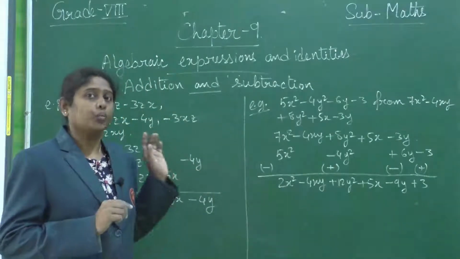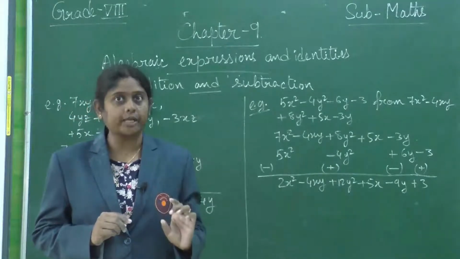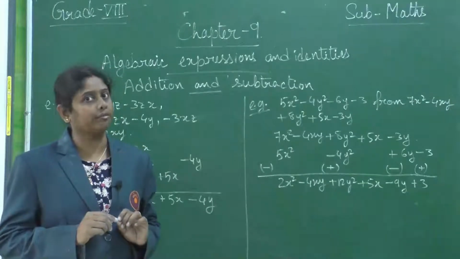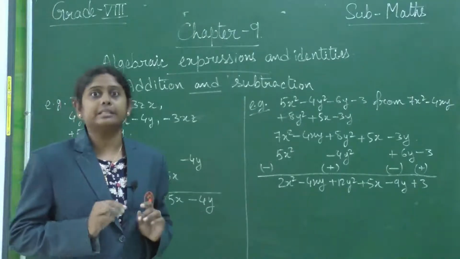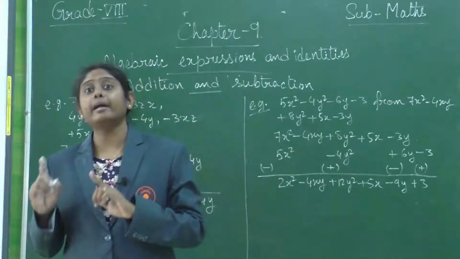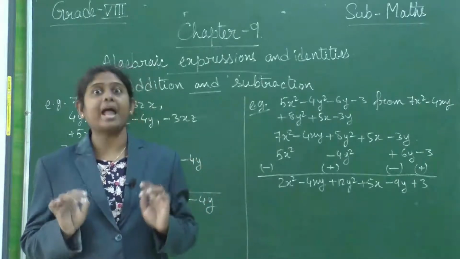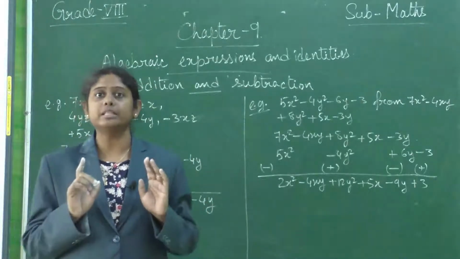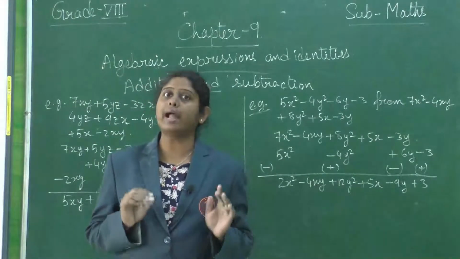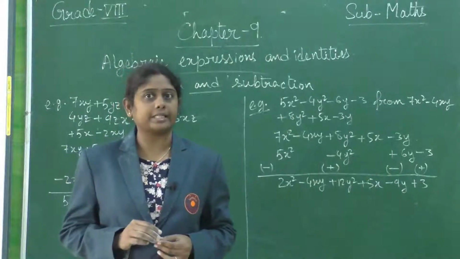Second step, we have to do the additions and subtractions only for the coefficients of the variables. Third step, the variable along with the exponent of the variable, keep it the same as it is. So these three steps we have to follow to do the additions and subtractions of algebraic expressions.